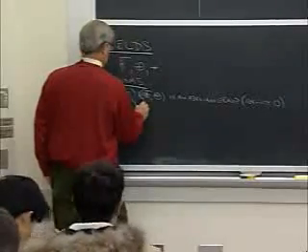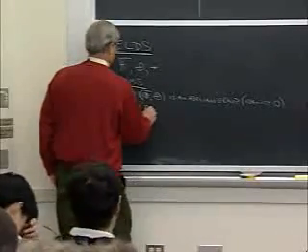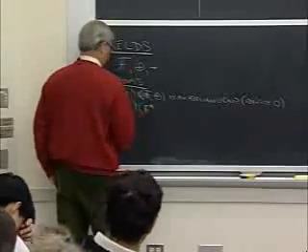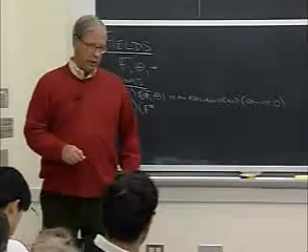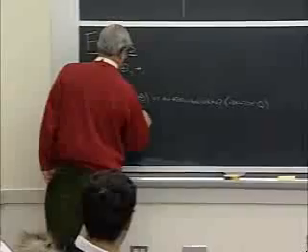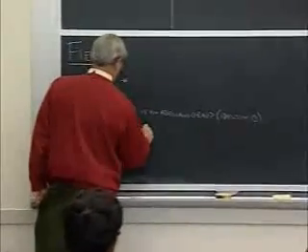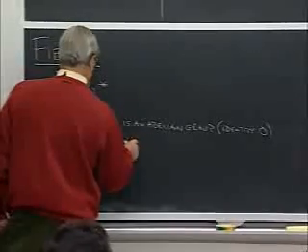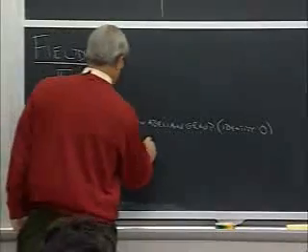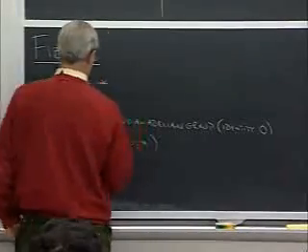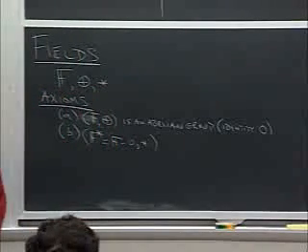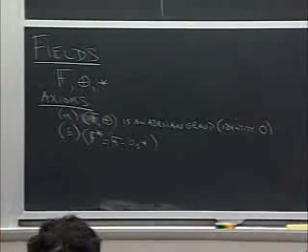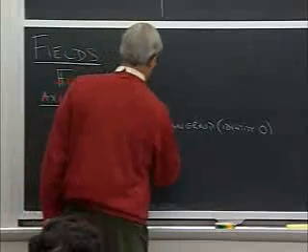Axiom 2, if we take the non-zero elements of the field, which I write by F star, explicitly that's F not including 0. Not very good notation, but I'll use it. And the multiplication operation, that too is an abelian group.